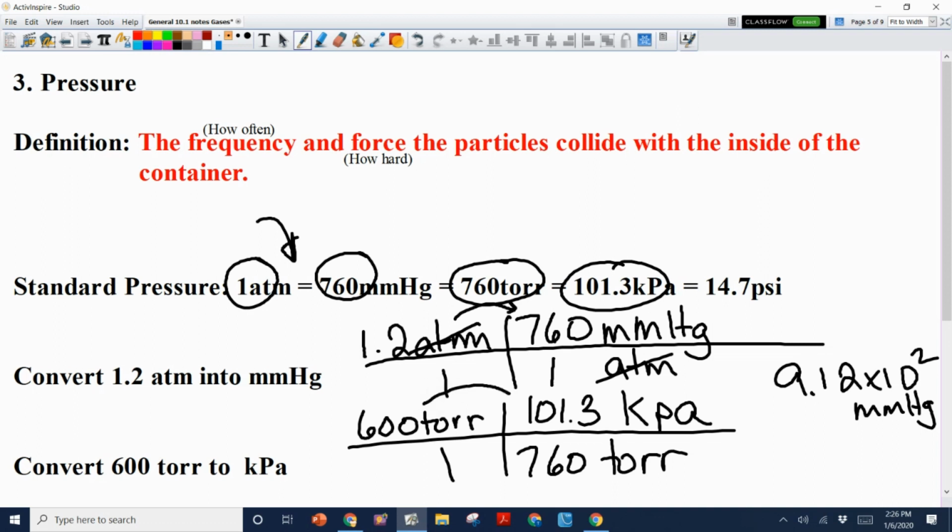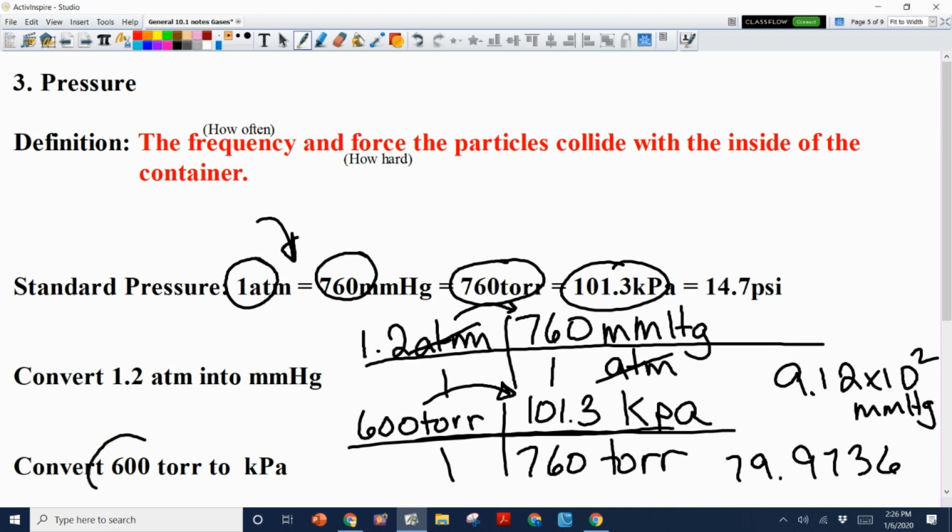So you're going to multiply these two and then divide that whole answer by 760. And so 600 times 101.3 divided by 760 is going to give you 79.9736.